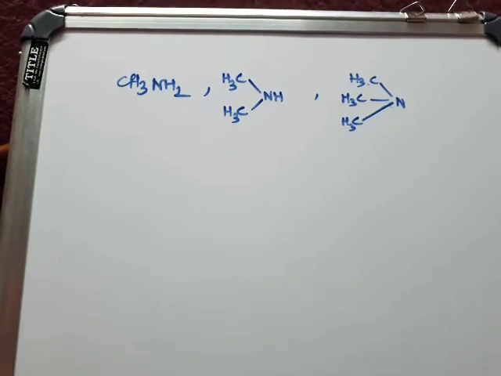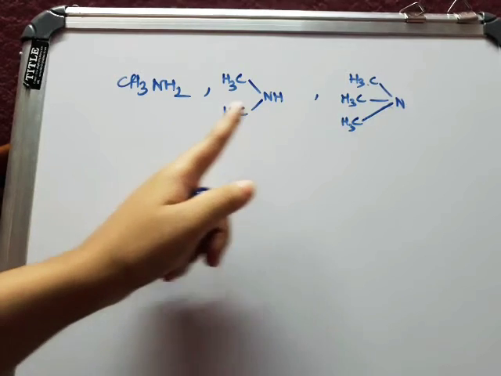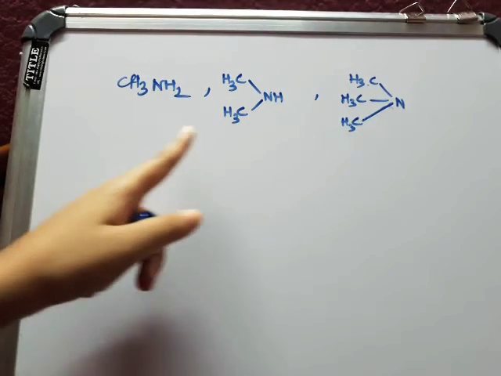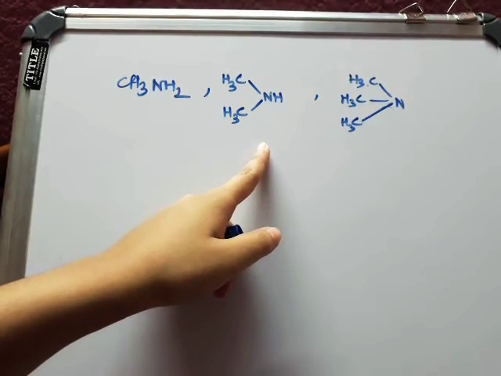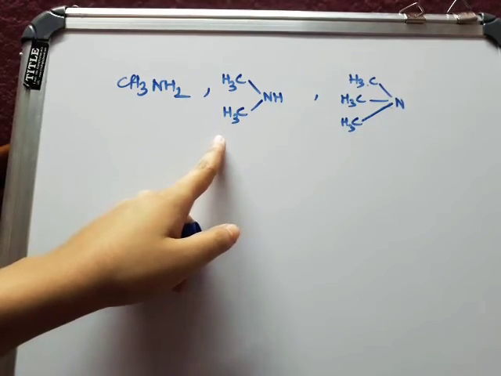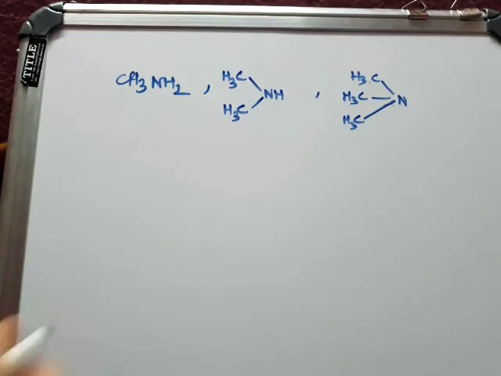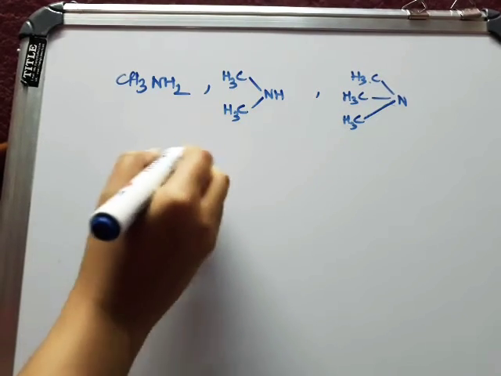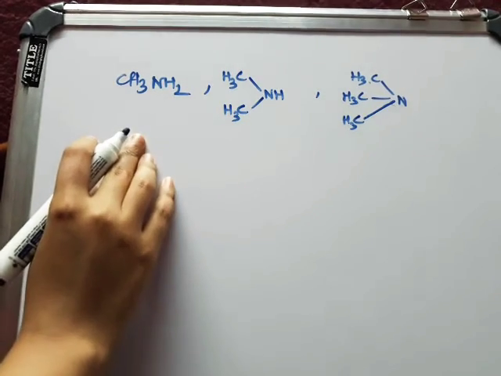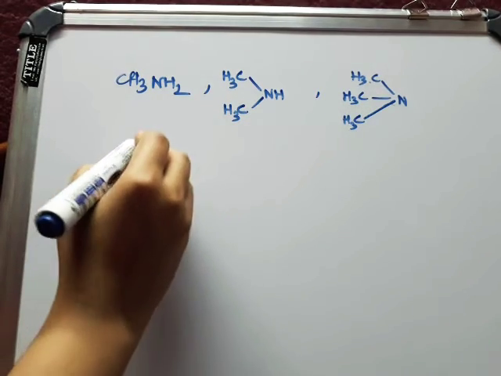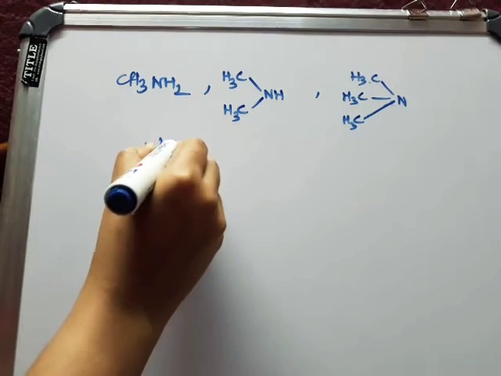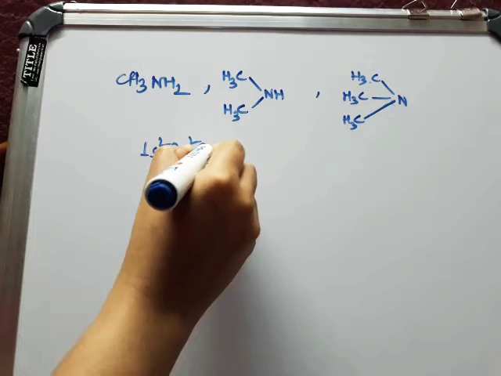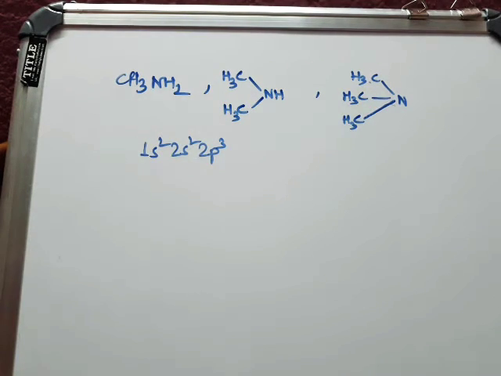So here I have written primary amine, secondary amine and tertiary amine. Okay, so I will compare the basicity of these amines. So at first I will write the electronic configuration of nitrogen. Nitrogen has the atomic number 7, so it is 1s2, 2s2, 2p3, right?